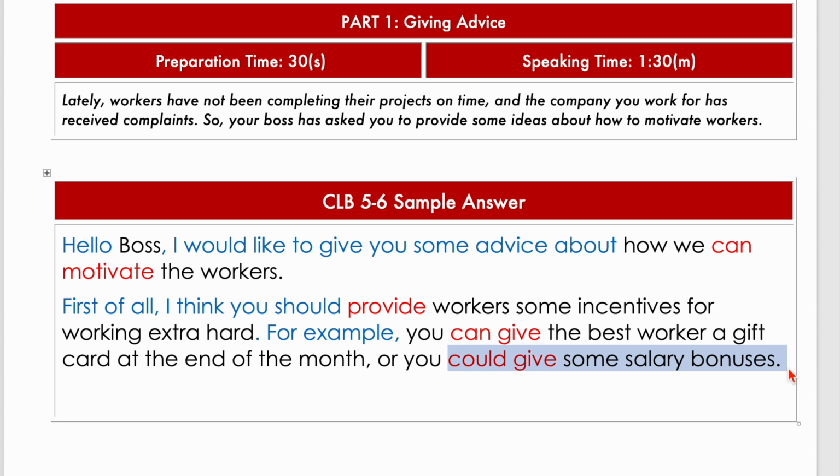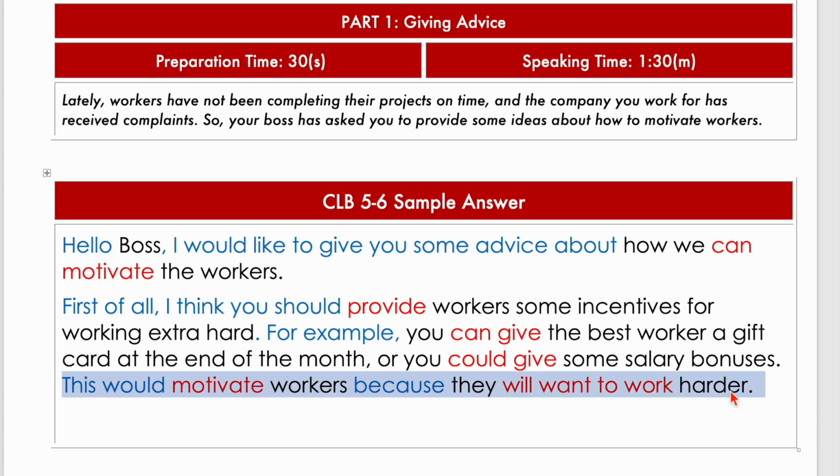Okay. Now, why is that good? We need to explain. So, this would motivate workers because they will want to work harder. You're going to get a salary bonus, so you're going to work harder, right? You could get a $100 gift card from your favorite store. So you will work harder. Or will want to.